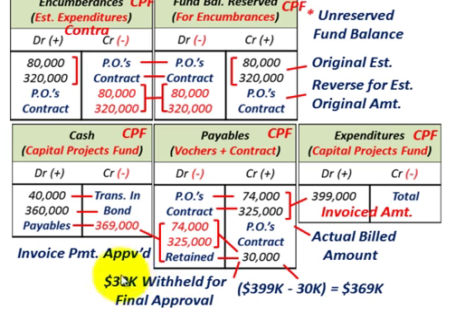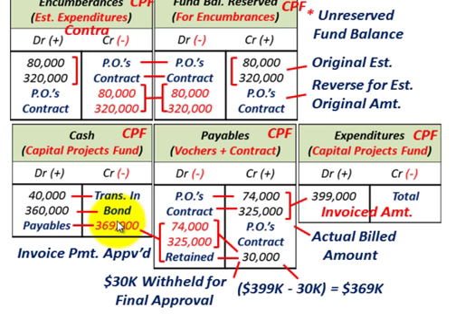So in this case, they're going to withhold $30,000 worth of this $325,000 contract that was issued. Now, they removed them off our payables, or removed off our liabilities, by $325,000, but we're going to credit it back for that retained amount. We're retaining $30,000.